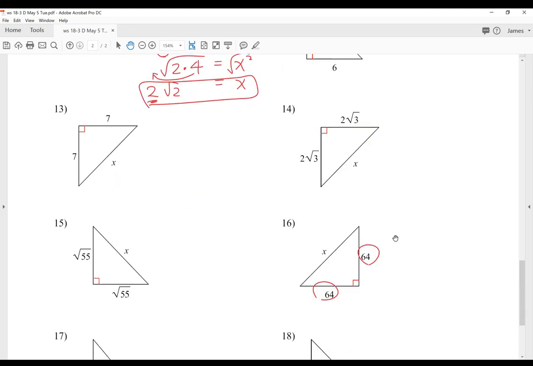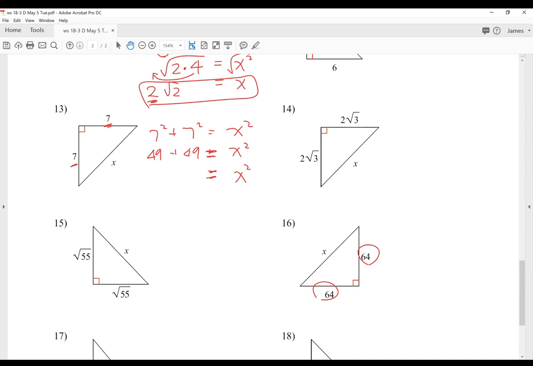And 7, well, let's just do it. So 7 squared plus 7 squared equals x squared. That's Pythagorean, A, B, C. That's 49 plus 49. I keep changing to plus sign. So I don't know what 49 plus 49 is.